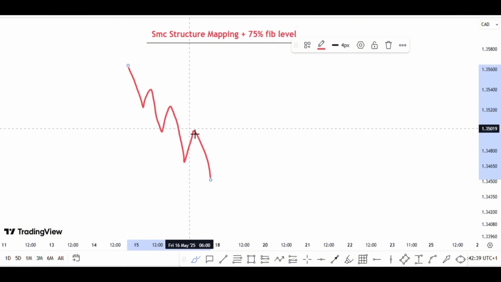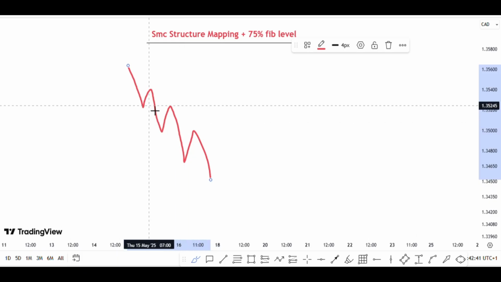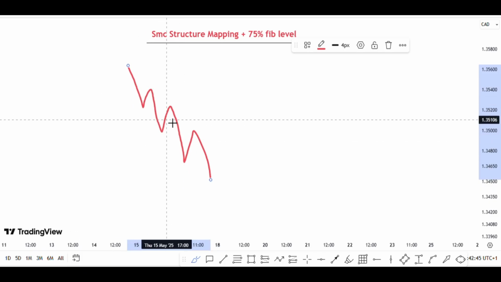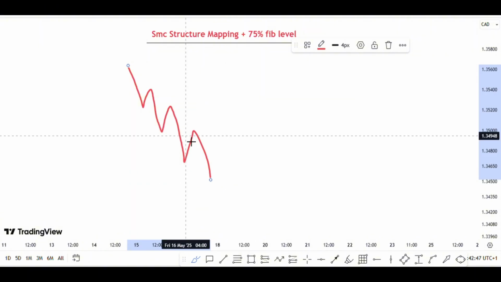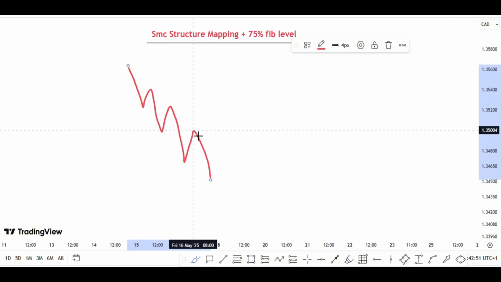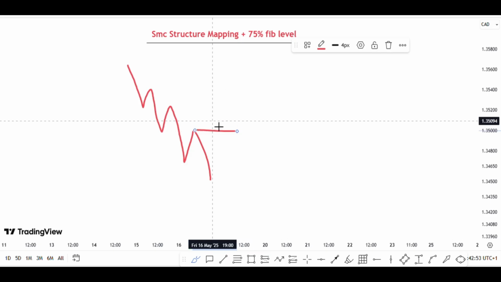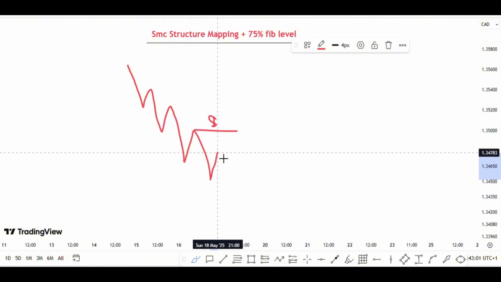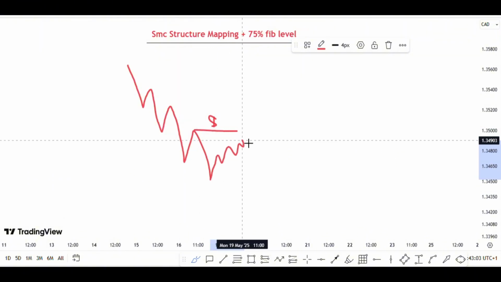As I said in the previous video, when you have a market moving impulse and correction, this is not a structure. So first thing you have to do is identify your inducement. This level will serve as your inducement. After that, you wait for the market to come here and take out your inducement.